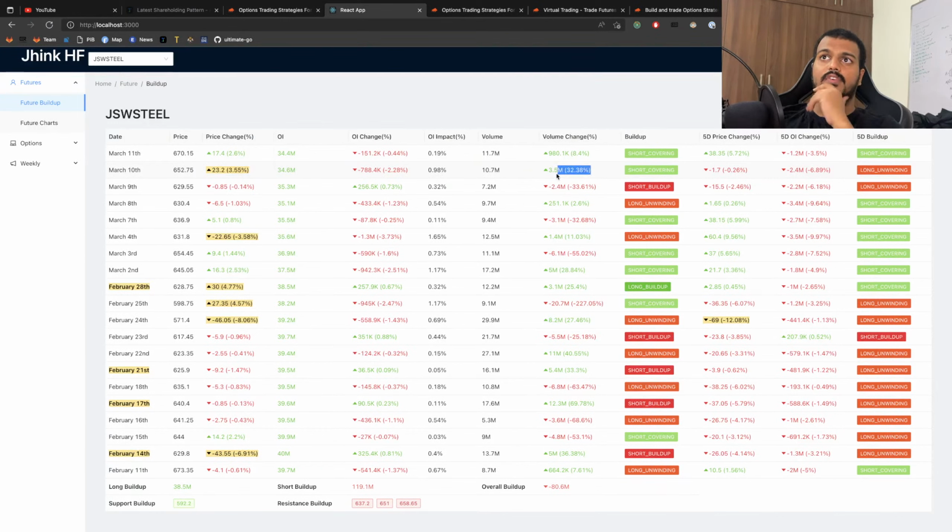Short covering can't be bullish every time. Short covering indicates a little bullishness, but there are also short buildups, and we have to see how much OI has been built up that day. The overall OI impact percentage on the entire buildup is not so high, the overall buildup is still negative, and the market is still negative.